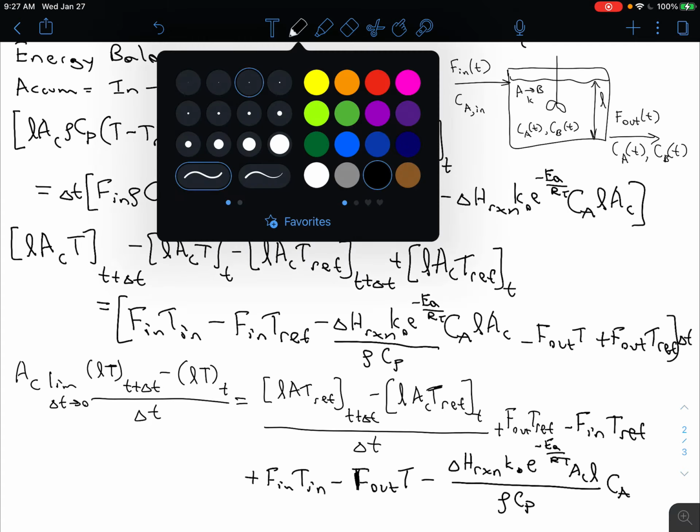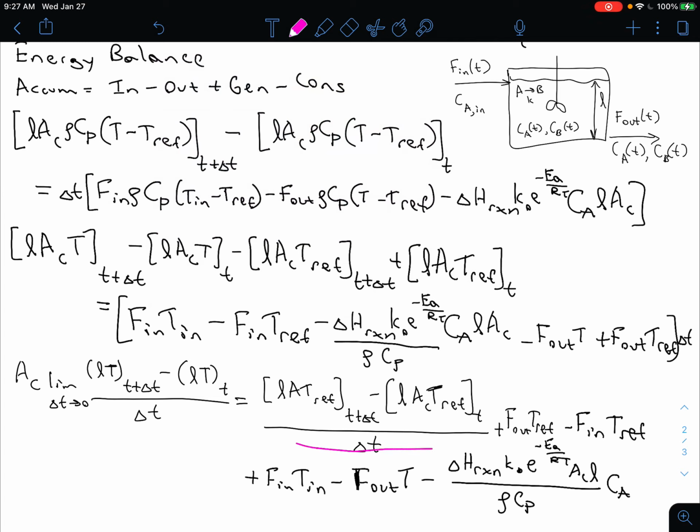Okay, now this is something that is hard to see, so I'm going to expand this out a little later in the video. The stuff that I have circled in pink actually does equal 0. In order to show that it equals 0, I have to go back to what the differential equation for dL/dt looks like. So I'm going to put that off.